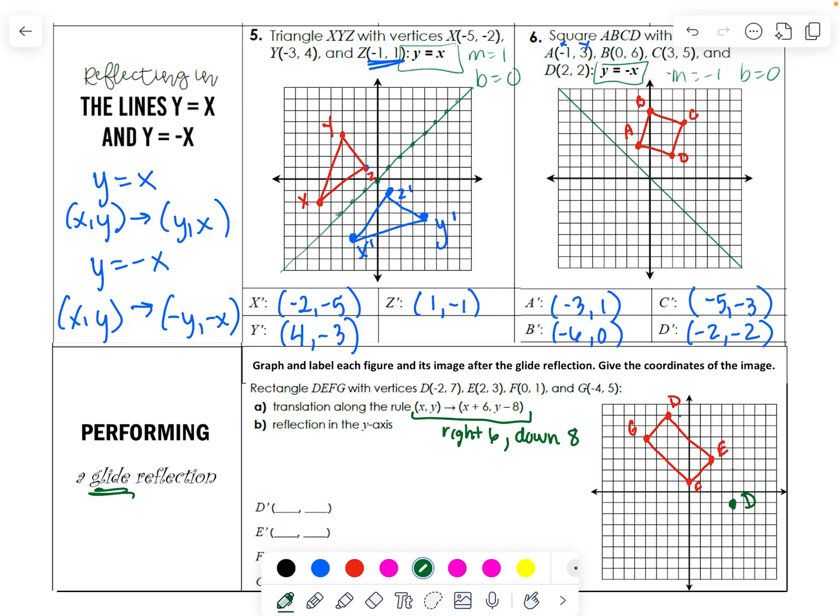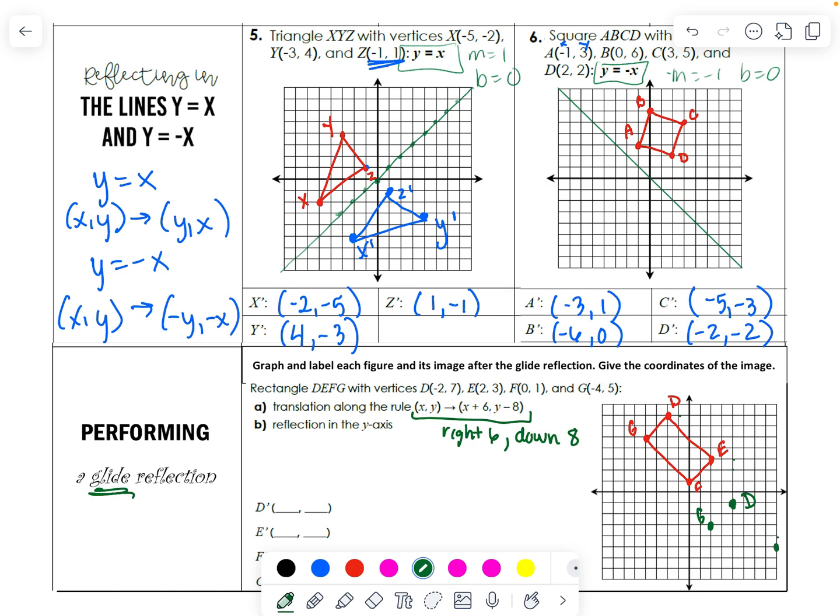So I like to kind of sometimes cheat and recognize that G is like 2 diagonals down to the left. I'm going to move E 6 times to the right and down 8. 1, 2, 3, 4, 5, 6. 1, 2, 3, 4, 5, 6, 7, 8. I think I lost it, but that looks right.